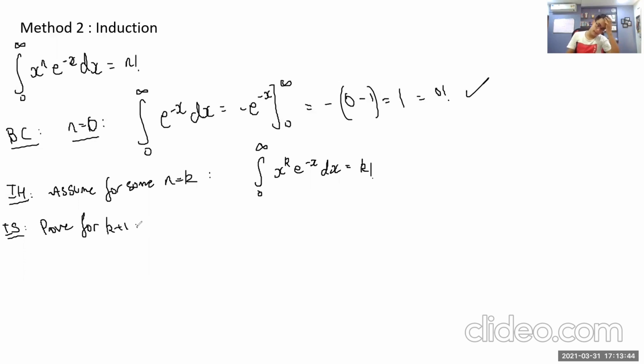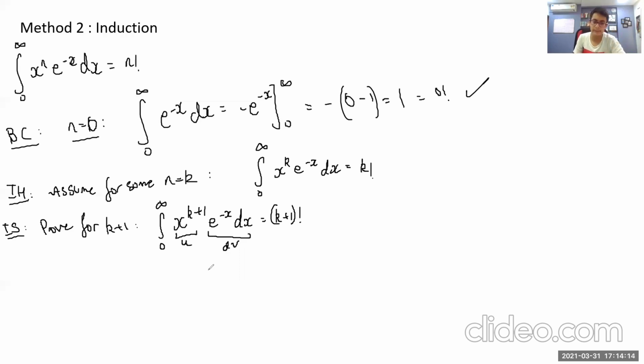Okay, now we're going to use integration by parts. So let's just write down what we have here. Okay, this is what we have to prove. Now I'm just going to integrate by parts. Now I'm going to choose my u as this and my dv as this.